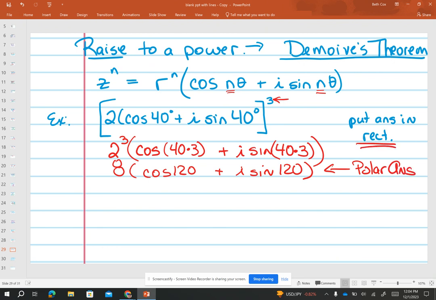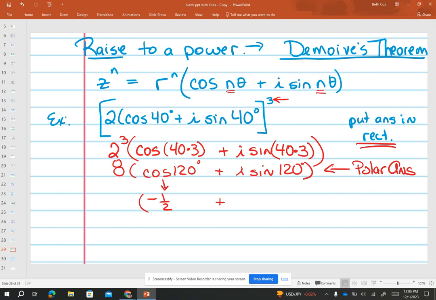It tells me to put my answers in rectangular form. So these are degrees. Is 120 on my circle? Yes, 120 is on my unit circle, so I'm going to use exact answers. I'm not going to use my calculator. The cosine of 120 degrees is negative 1/2.